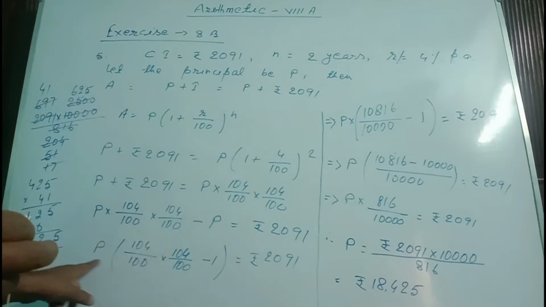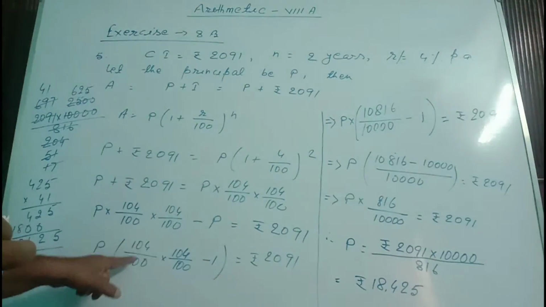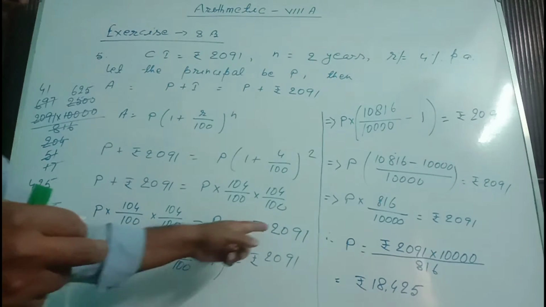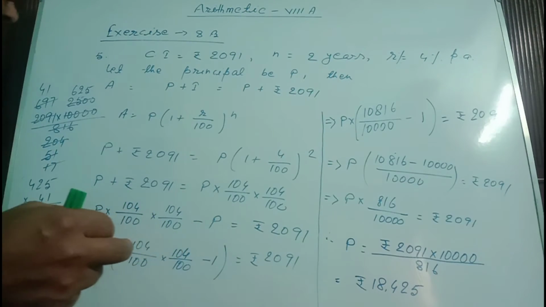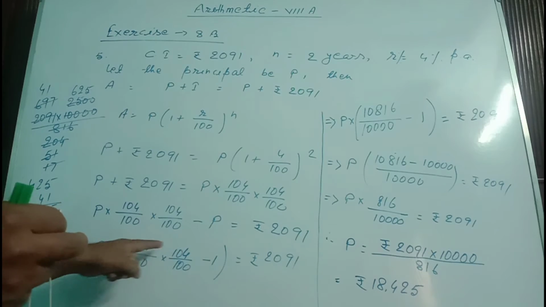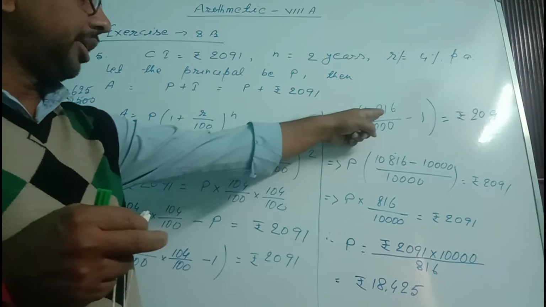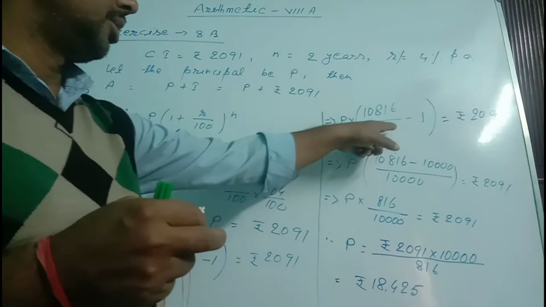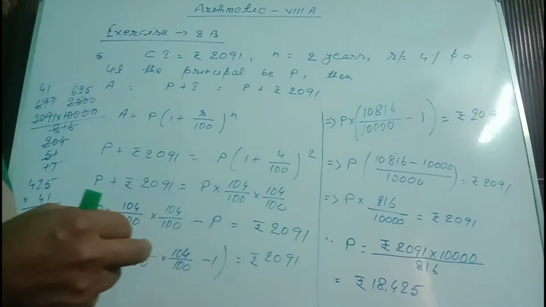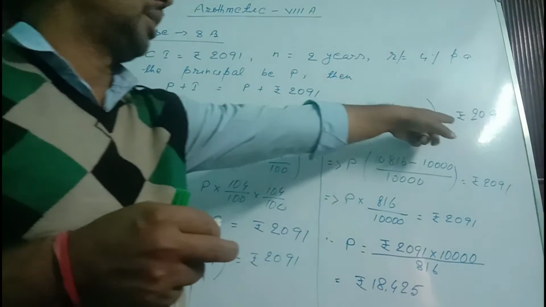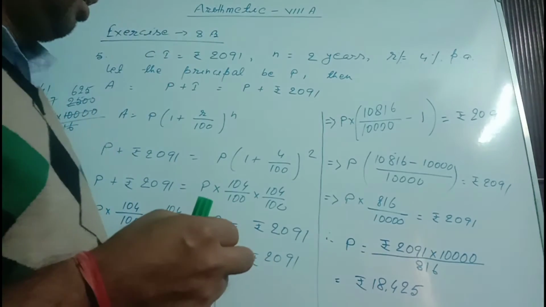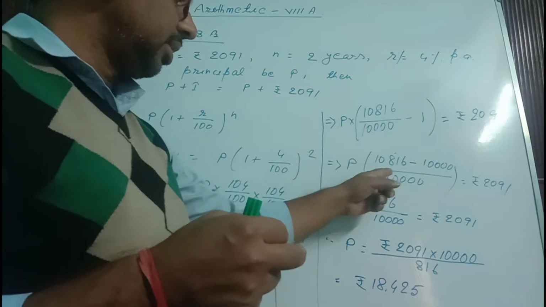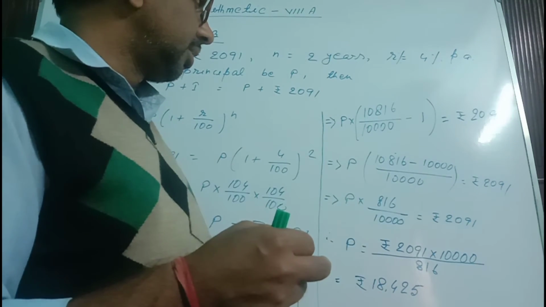P is common, so I took it outside the bracket: P into (104 by 100 into 104 by 100 minus 1) equals 2091. As we multiply these two, 104 into 104, we get 10,816 by 100 into 100, that is 10,000, minus 1, equal to 2091. In the next step, I took the LCM, that is 10,000.